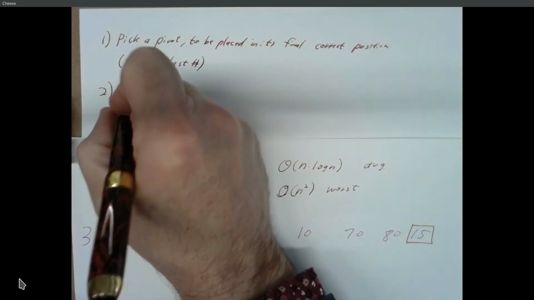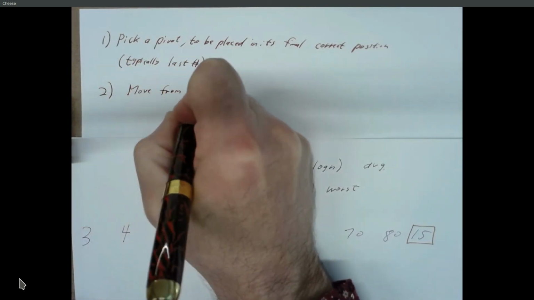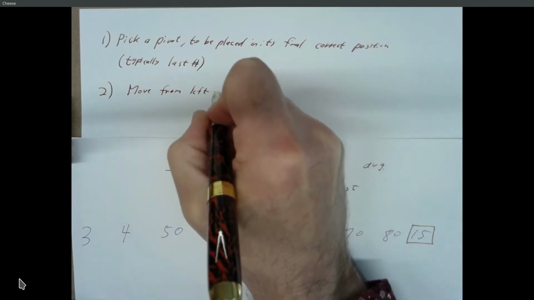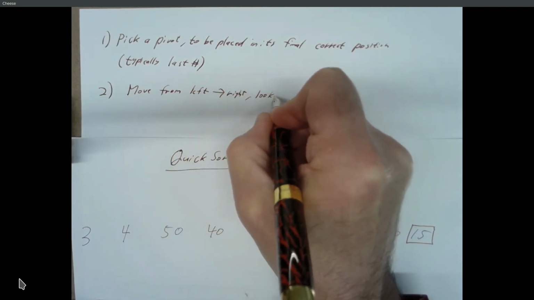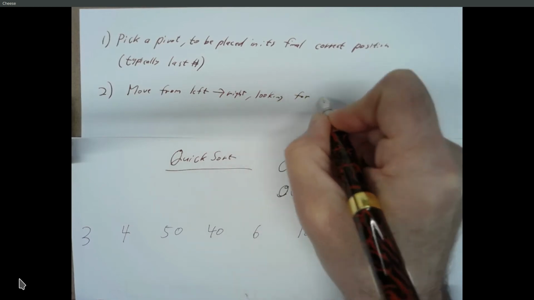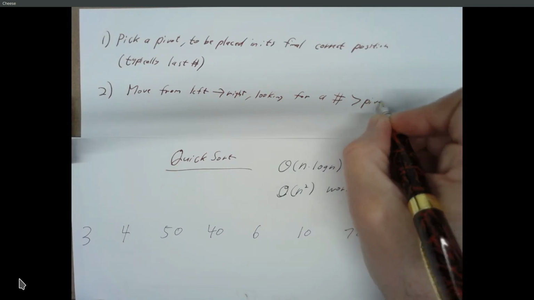All right, step 2. Move from the left to the right, looking for a number bigger than the pivot.